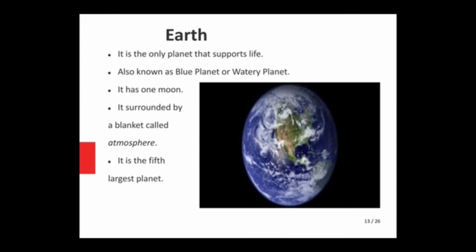Because of the appropriate temperature and some gases which surround the environment, life is available on the Earth. Earth is also known as the watery planet, or we can say blue planet, because of the presence of water. As we all know, 70% water is present on the Earth.